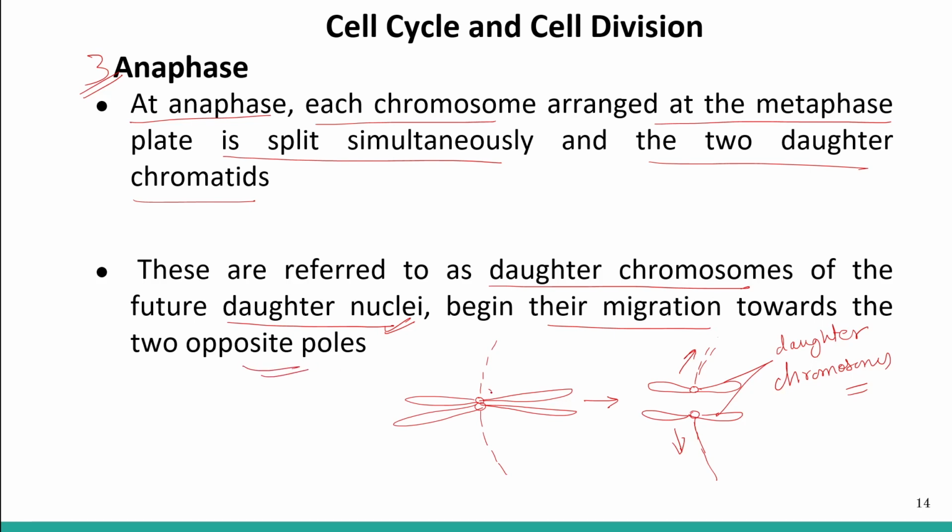So we have seen this equatorial plane or metaphase plate at the previous stage, but after this, when the cell has entered the anaphase, the spindle fibers move in such a way that the chromatids of the chromosome get separated in this way and start moving towards the opposite pole.